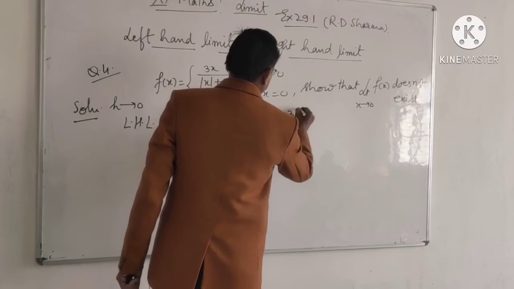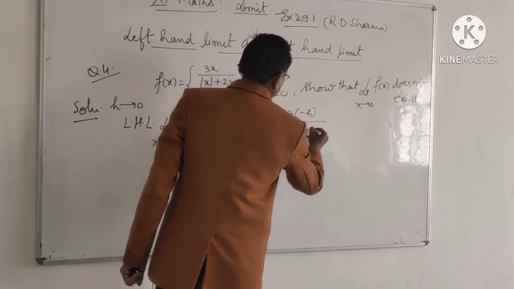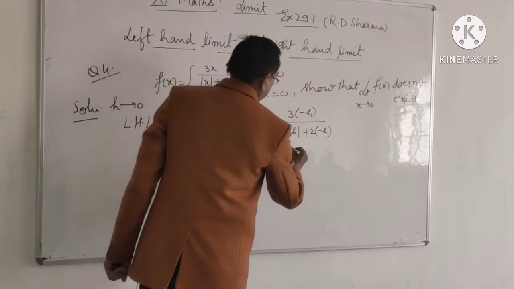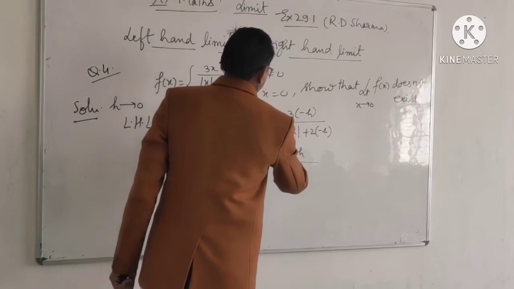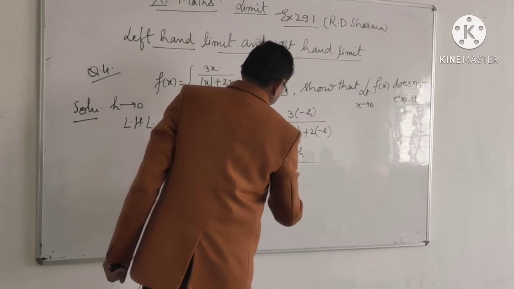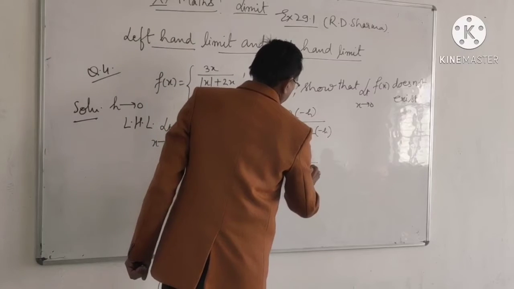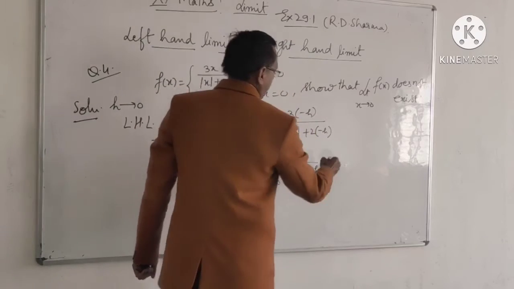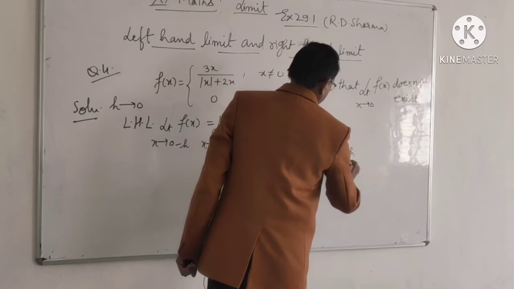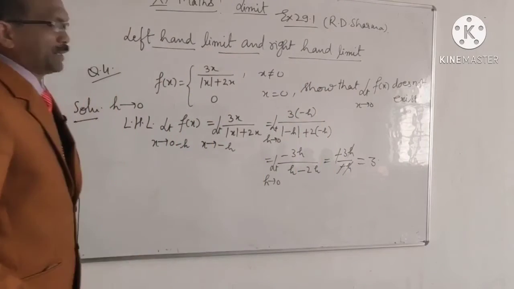Now it is 3 into minus h upon mod minus h plus 2 into minus h. It will be minus 3h, limit h tends to 0. Then it is h minus 2h, so minus 3h upon minus h. The h cancels. Result is 3. So left hand limit is 3.